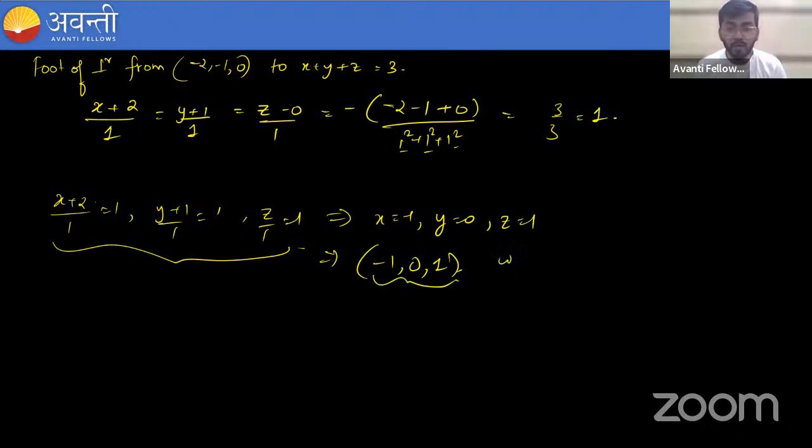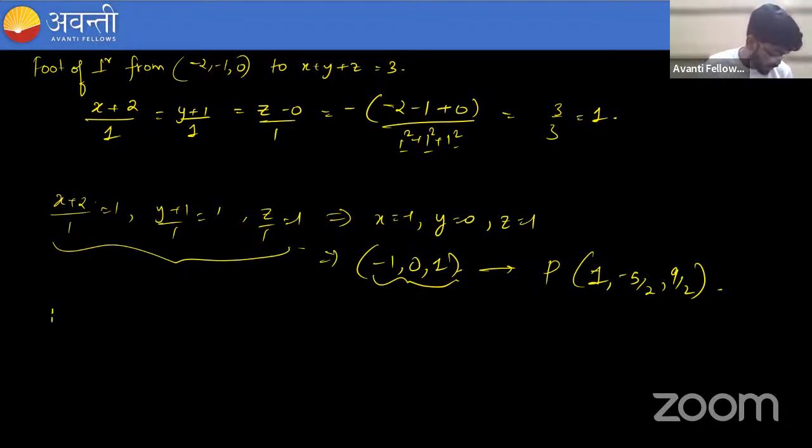And now we found the point P, right? The point P we found out was (1, -5/2, 9/2). So here I think x + y + z - 3 will also come.